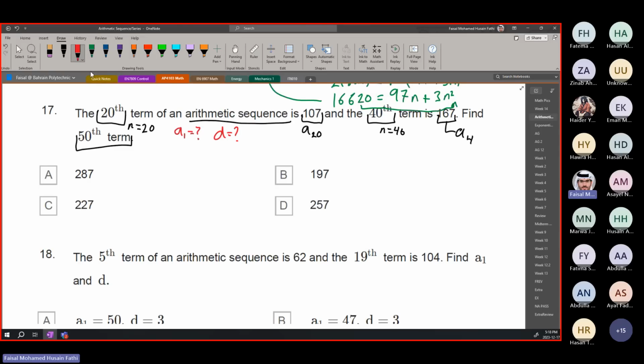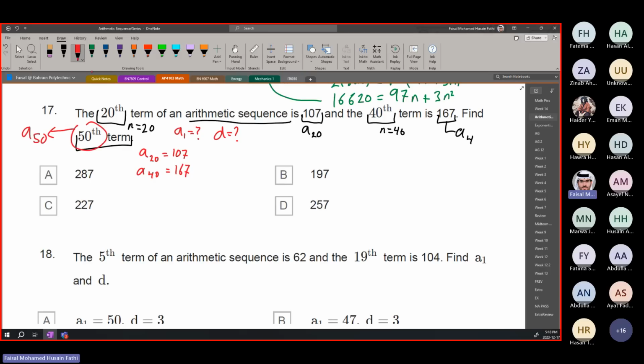Let's go step by step. We know that A20 is equal to 107 and A40 is equal to 167. At the end, we need to find A50. This is what they're requesting us to find.